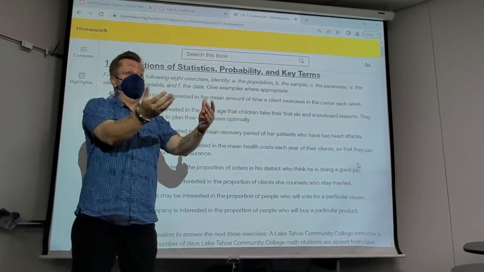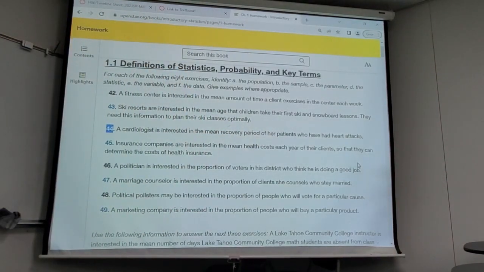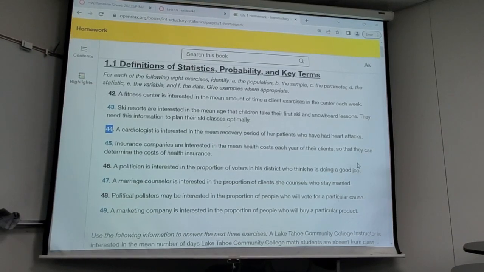Right? And if you wanted to, you could basically always just say, hey, here's the funny thing. I really want you to get this. The population was all of her patients who have had heart attacks, right? All right. Sample, the funny thing is, see the word all?